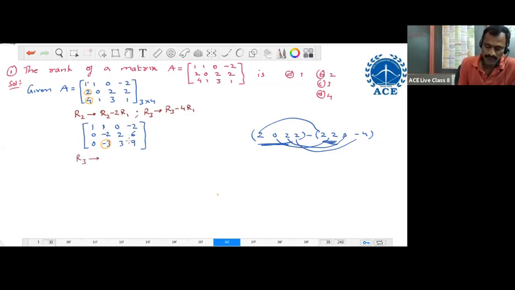First, make these two the same and then subtract or add depending on the sign. Both have the same sign, so subtract. Multiply the last row by 2, the second row by 3 and subtract. That is 2 into R3 minus 3 into R2.